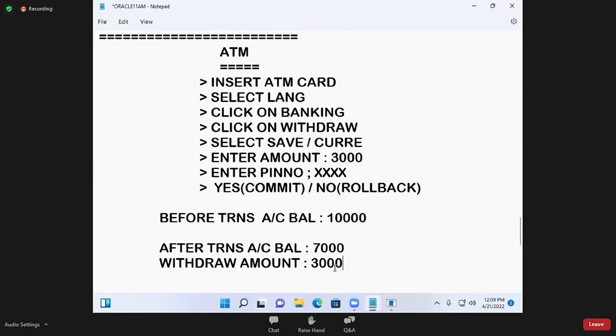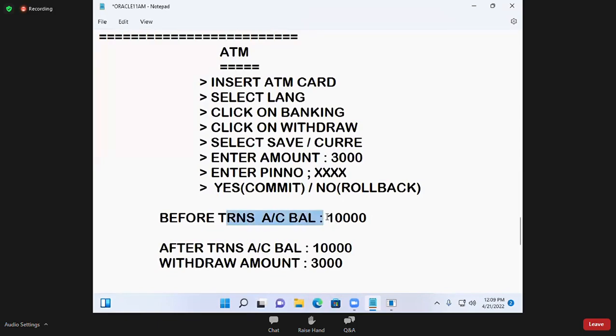For example, if you have 10,000, and you have taken 3,000, but after the transaction my balance is still 10,000. If it is showing like this, after the transaction also your balance is 10,000, then what happened?